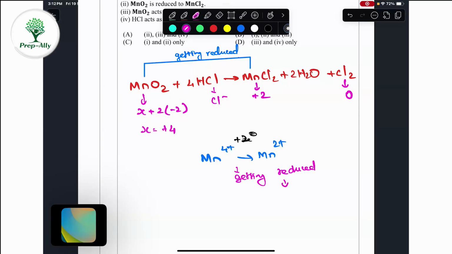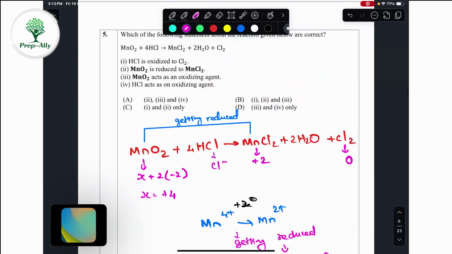That means it is taking electrons from, let's say, chlorine, which means it is oxidizing the chlorine molecule, right? It is getting reduced and acting as an oxidizing agent. So from here, I can say directly that MnO2 is reduced to MnCl2. Yes, it is right. And MnO2 is acting as an oxidizing agent. Yes, it is also right.